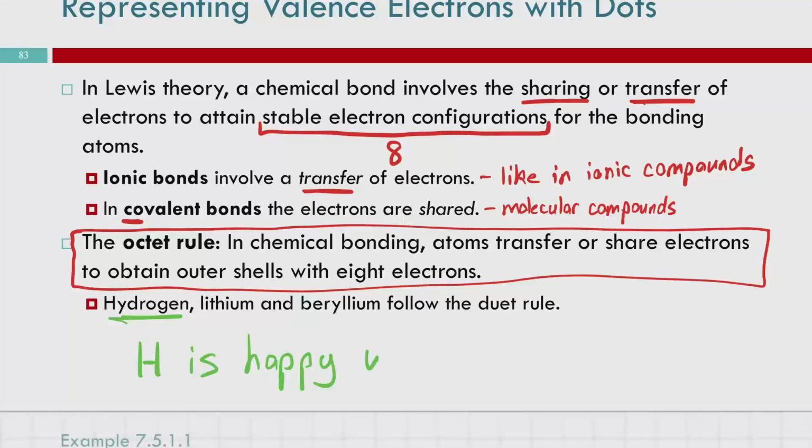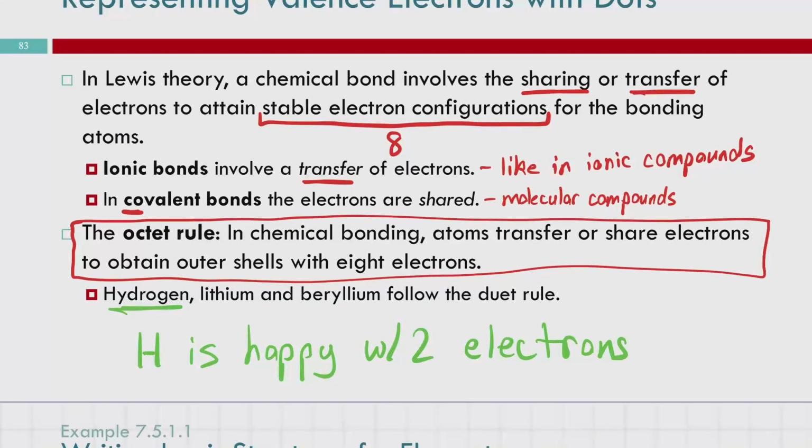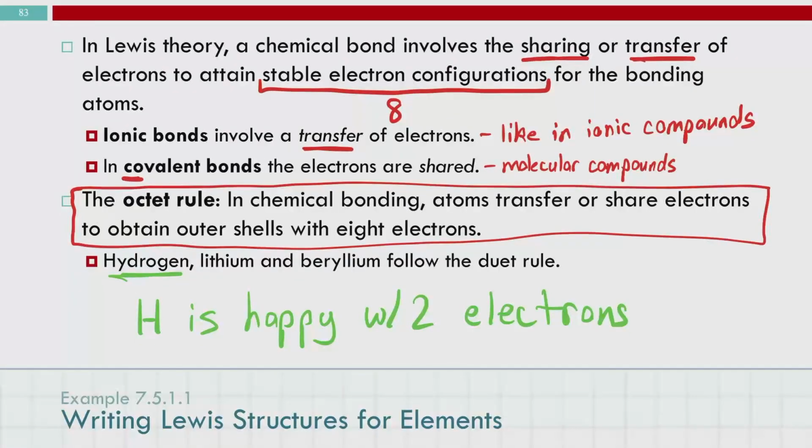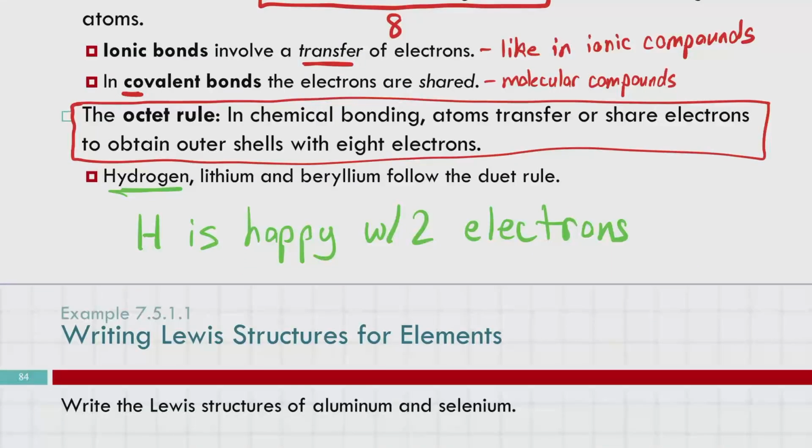Hydrogen is happy with 2 electrons. Hydrogen will only ever, when it's bonded, have 2 electrons. It will never have 3. It's never going to go to 8. It's only 2.